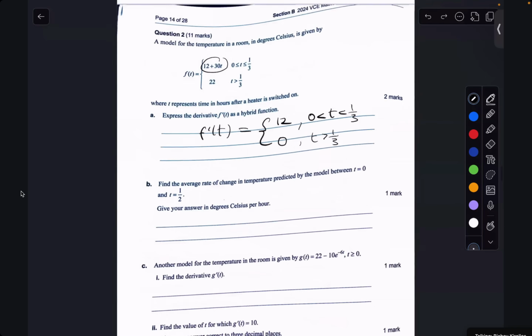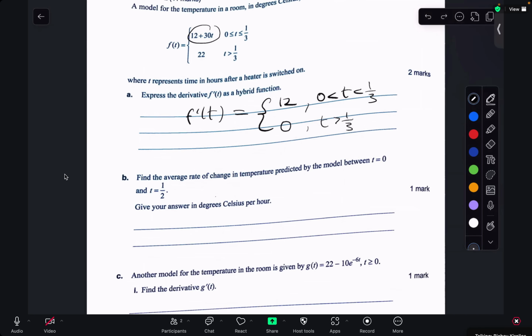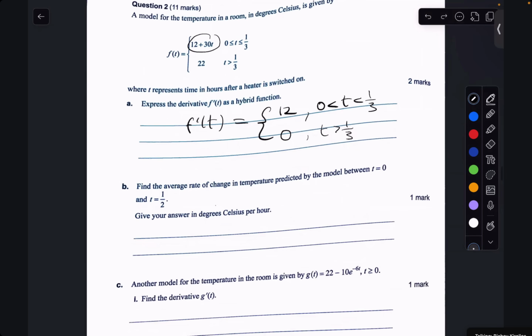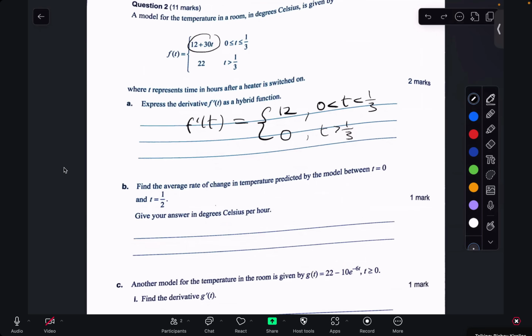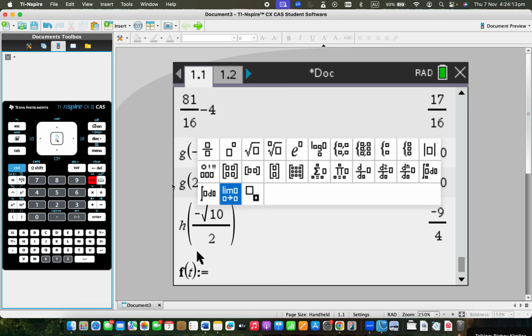Find the average rate of change in temperature predicted by the model between t is 0 and t is 1/2. So 1/2 is kind of in both. So I'm just going to define the hybrid function. So f of t, define as hybrid.